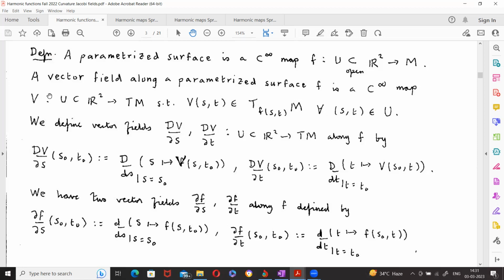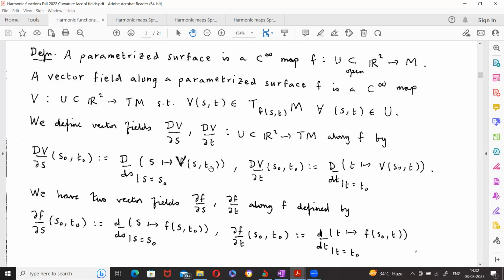Now, given a vector field along a parametrized surface, just like a vector field along a curve, where we could look at its covariant derivative along the curve, we can define two vector fields, capital DV/ds and capital DV/dt. These are partial covariant derivatives with respect to s and t. How do you define DV/ds at a point (s0, t0)?